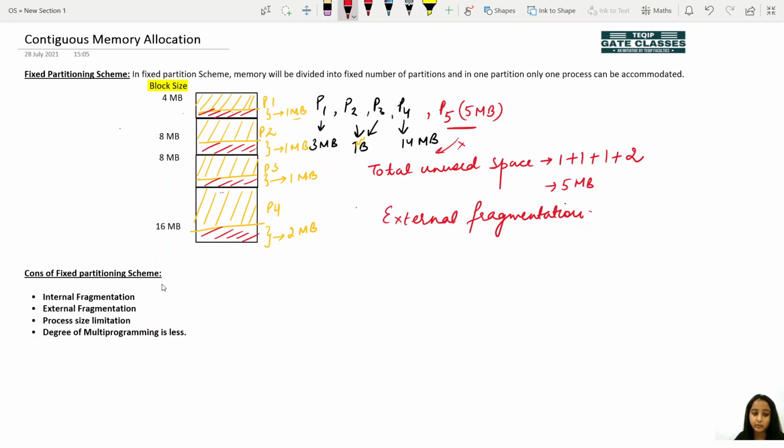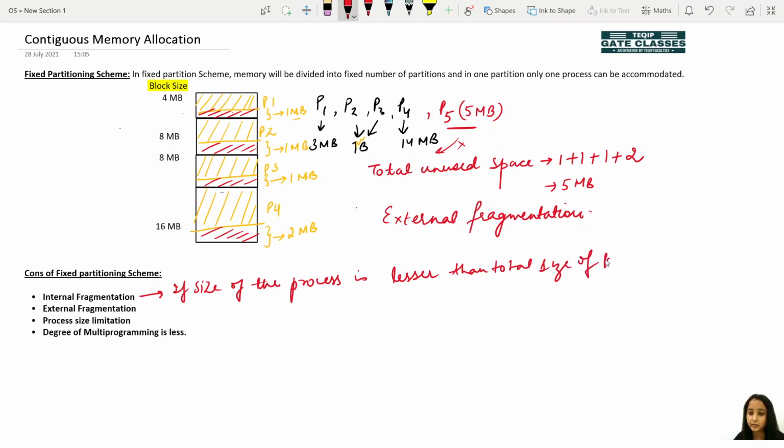If the size of the process is lesser than the total size of the partition, then some size of the partition is wasted or unused. External fragmentation I have explained here with the help of an example.